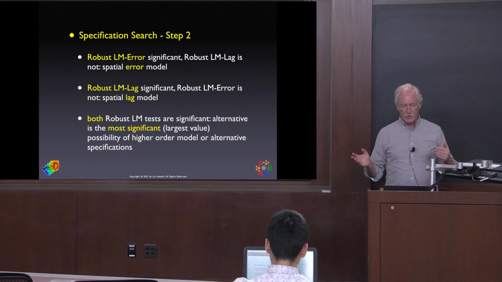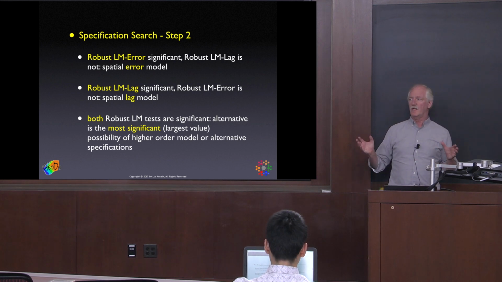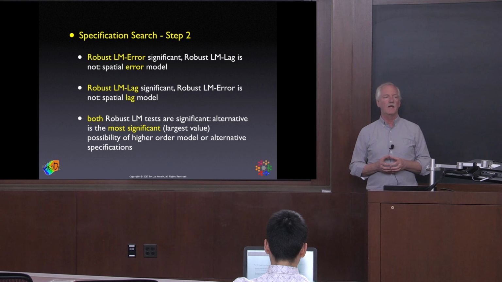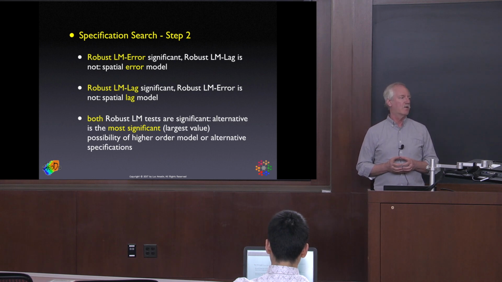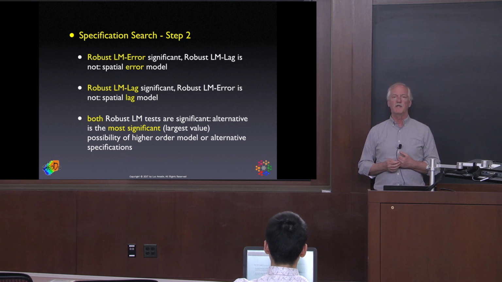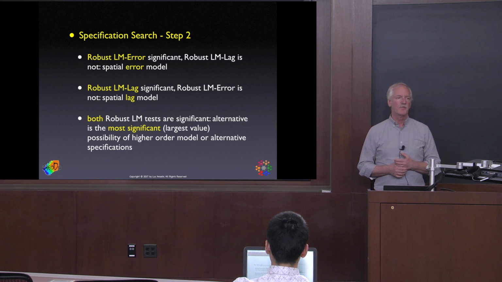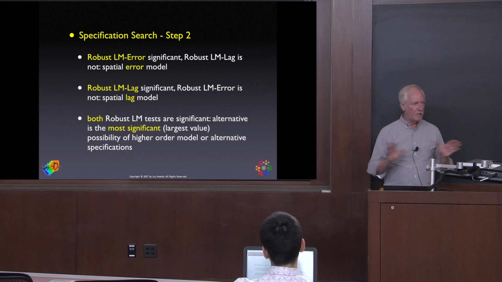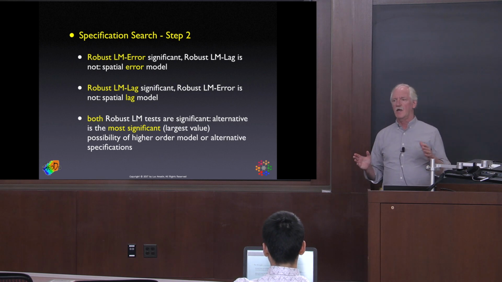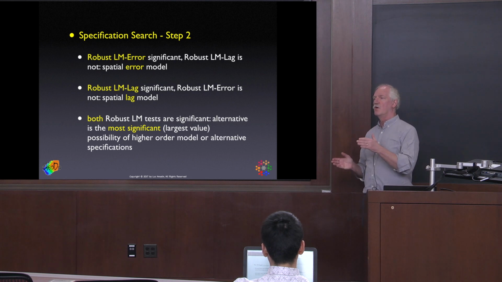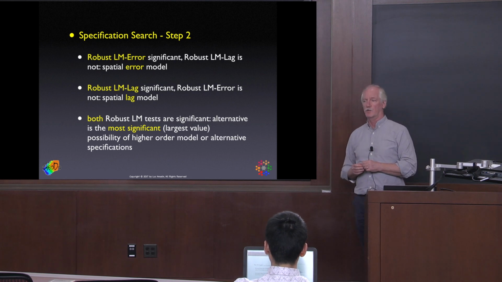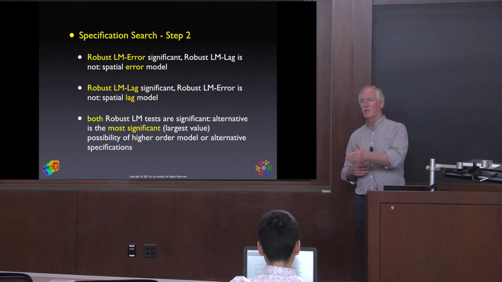But unfortunately, increasingly with larger data sets, you may end up with both rejecting the null. So at that point, this whole strategy of the robust tests ceases to be useful, because basically a rule of thumb that I found in many, many simulation experiments is that whichever is the larger of the two points to the most relevant alternative, right? So if they're both significant, you take the largest one.